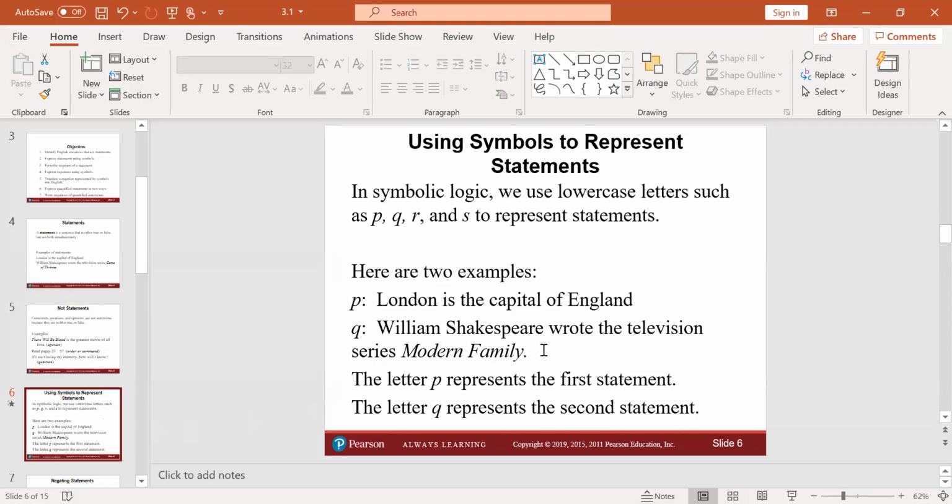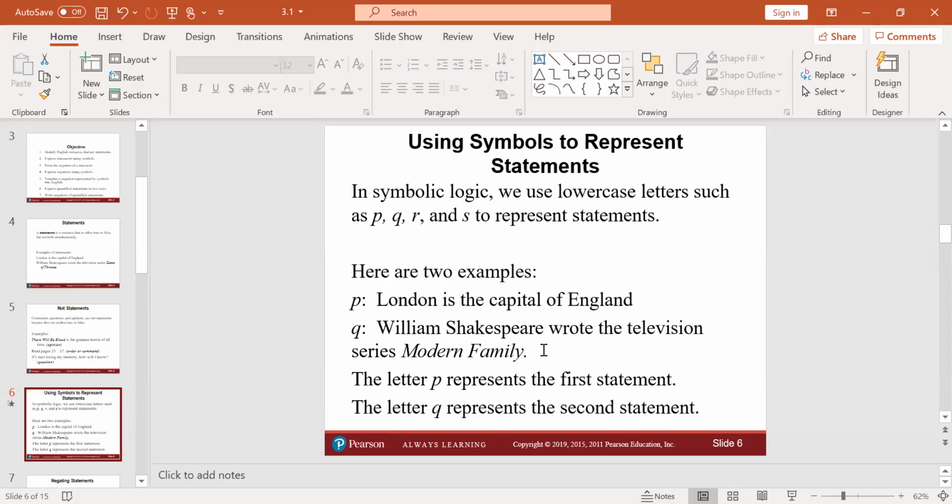Now, just like in math, if you're talking about straight up numbers, values, you use variables. X and Y are usually the two most popular variables. Those things represent unknown numbers. In a similar manner, we're going to use letters to represent whole statements here.